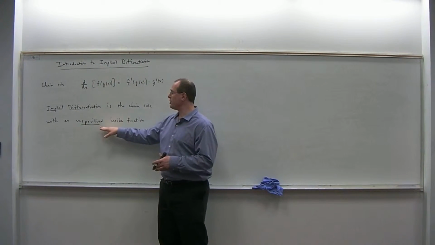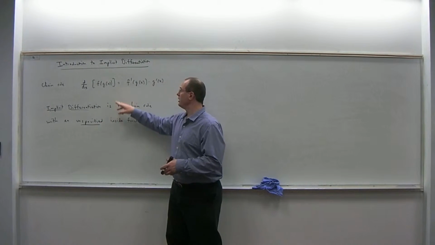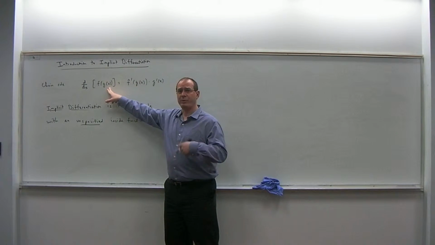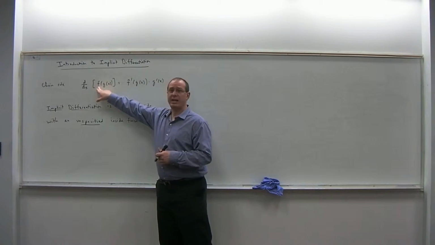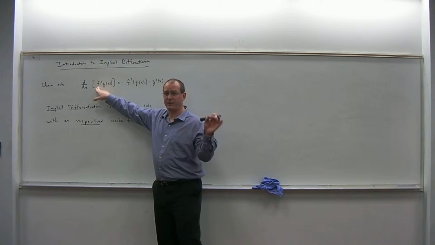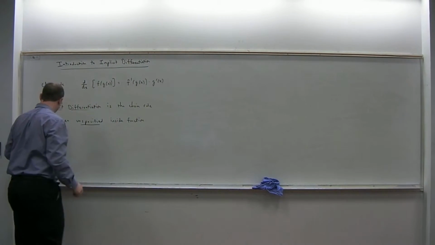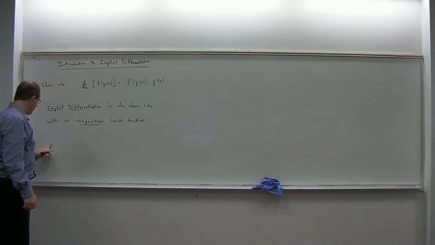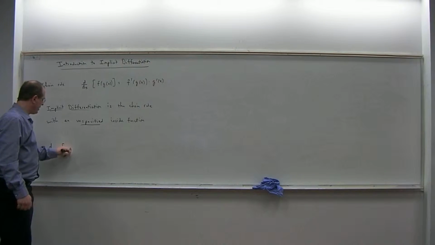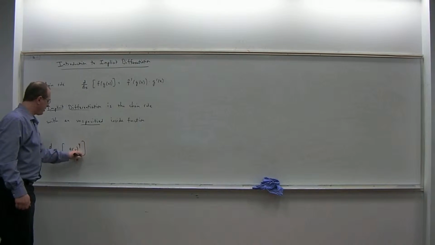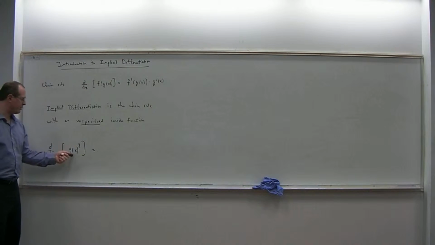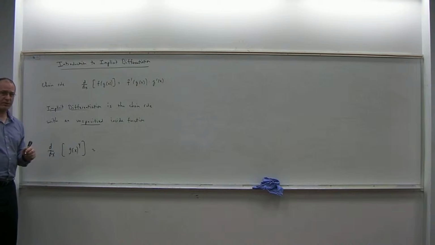So in our applications of implicit differentiation, the inside function g of x will be unspecified, but the outside function f will be some specific function. As an example, if we want the derivative of g of x to the fourth power, then this is a composition where g of x is inside of the fourth power function.